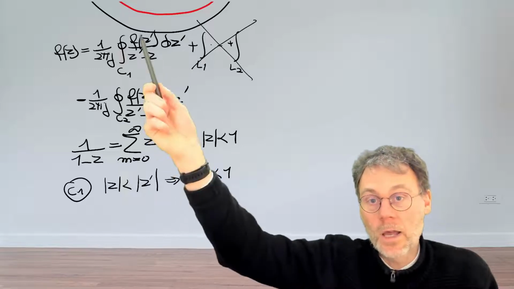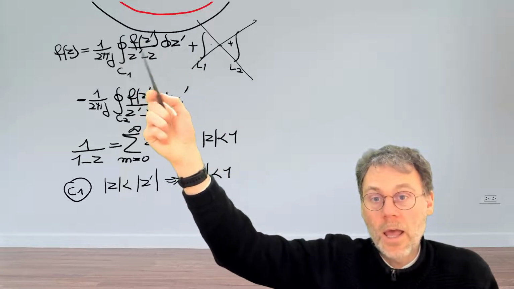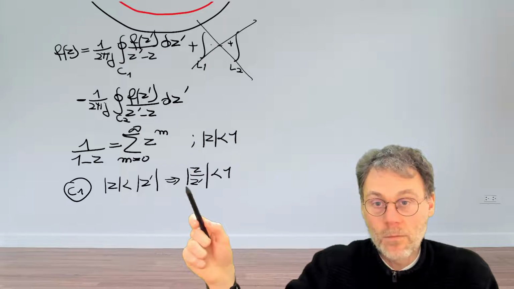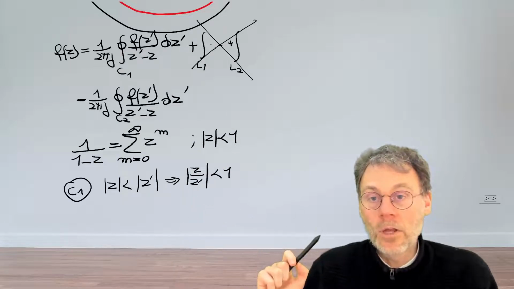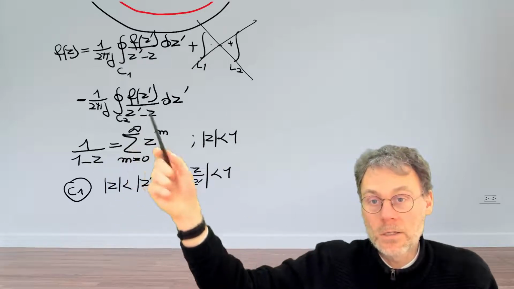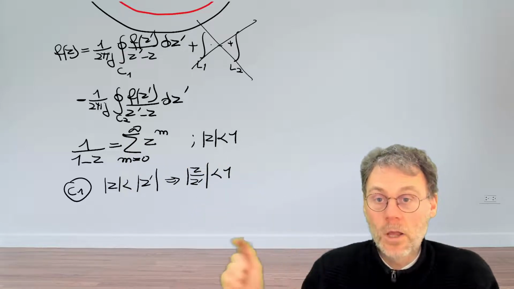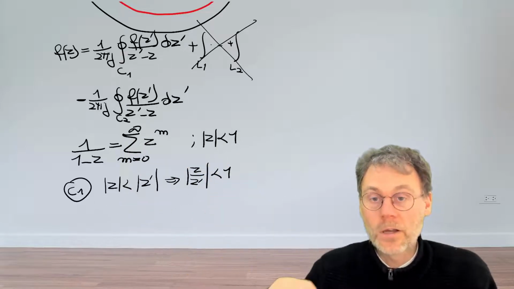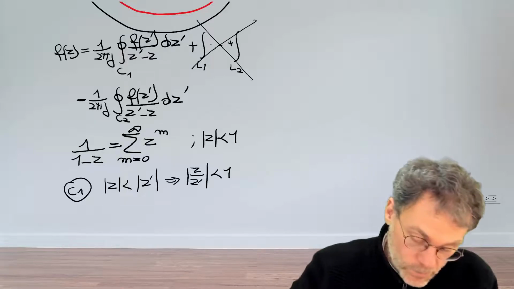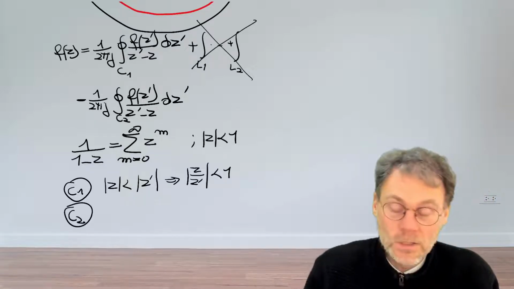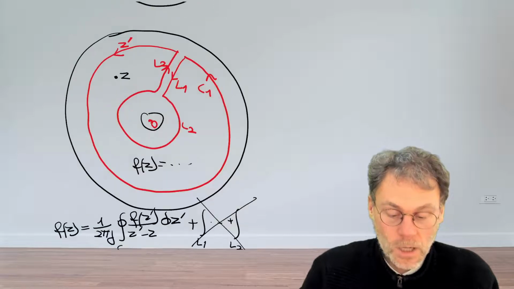So if we take a look at this first term over here, and if we divide everything by z prime, we end up with something that looks like this, where we can apply the convergence condition. So for C1, we need to divide everything by z prime. For C2, it's different because now the roles are reversed.